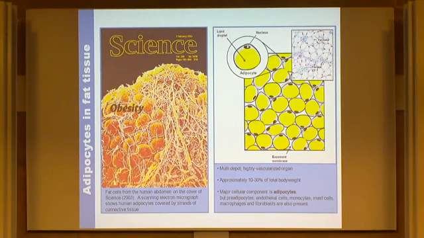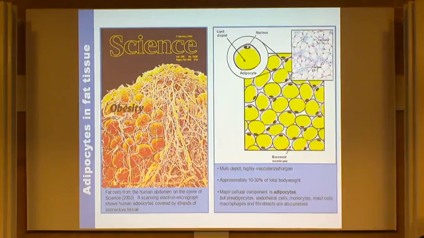And that's a nice image here from the cover of Science from a couple of years ago, showing fat cells. These little balls are fat cells, and they're held together by connective tissue components, by collagen mainly. But unlike other tissues, in fat, most of the volume of the tissue is the cells.